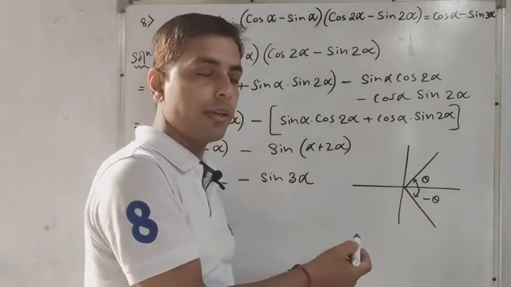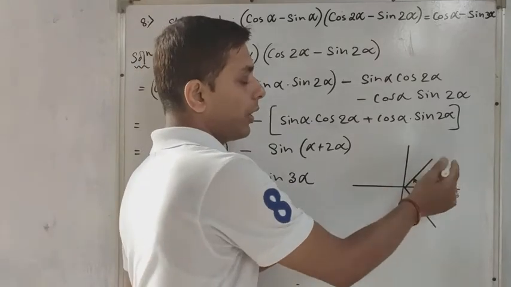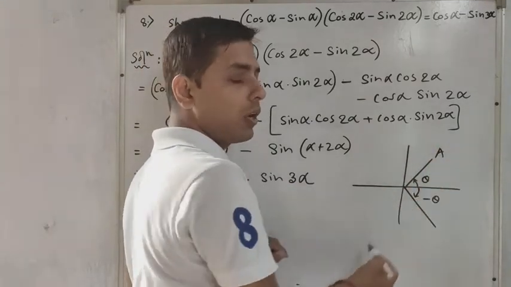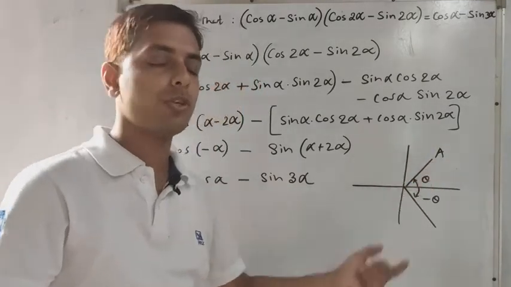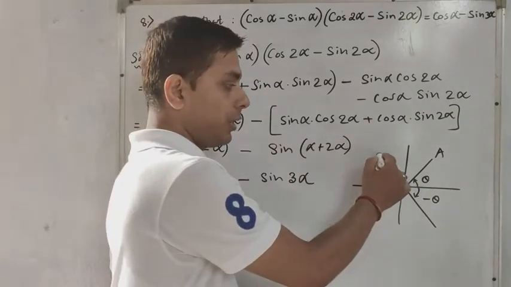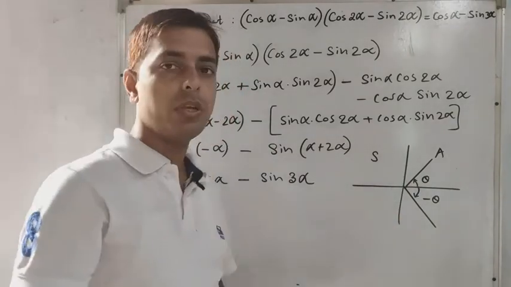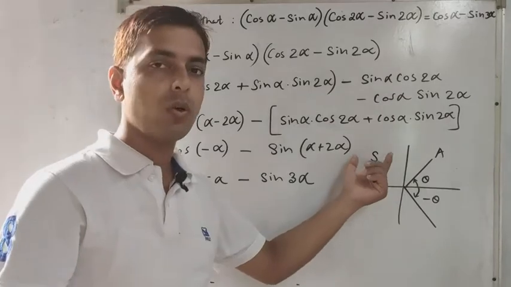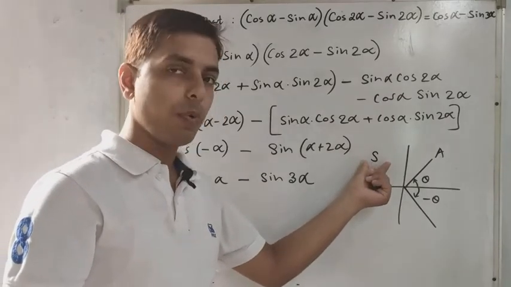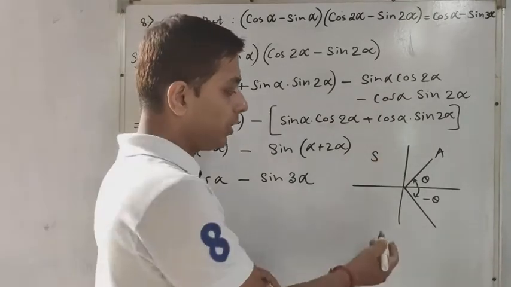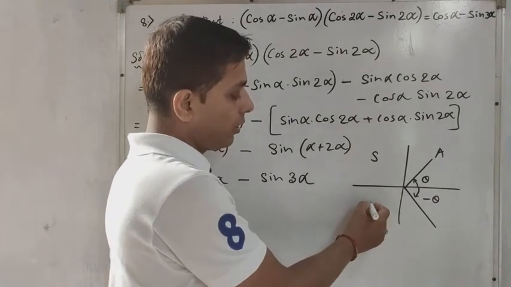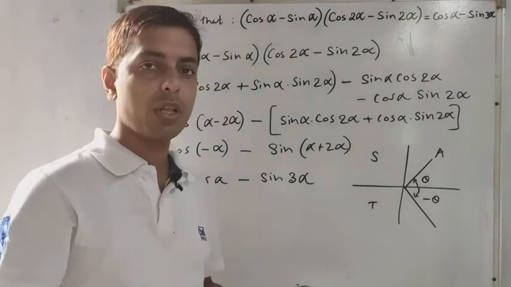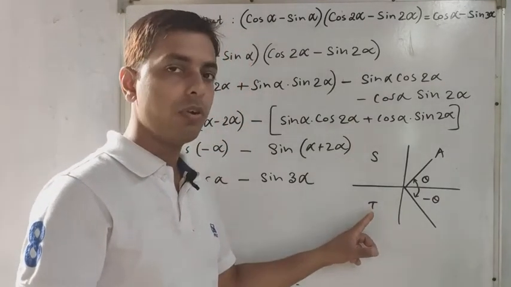are considered negative. Okay, according to ASTC, it says that in the first quadrant all the trigonometric ratios are positive. In the second quadrant only sine is positive, that is sine and its reciprocal, cosec, are positive, rest all are negative. In the third quadrant tan and its reciprocal, that is cot, are positive, rest all are negative.